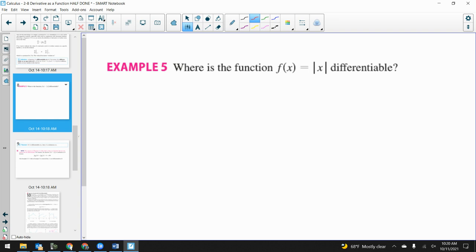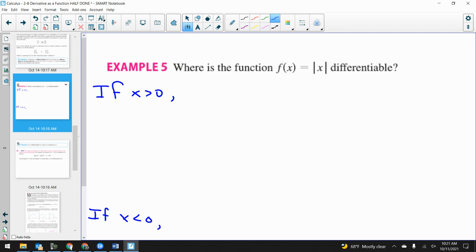Now, I think you would agree that the absolute value of x is really kind of like two different functions going on, right? We talked about it as piecewise early on in this course. So let's do the same thing. Let's say, okay, if x ends up being positive, we're going to explore it a little bit, and then later we're going to say, okay, if x is negative, something else may happen.